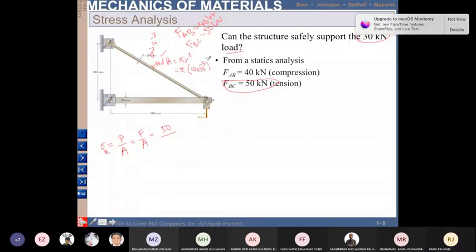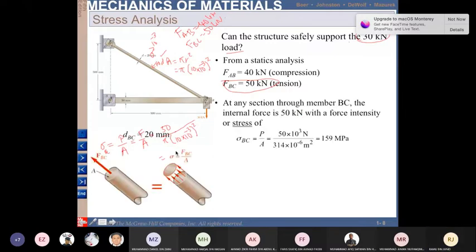So pi times 10 times 10 to the power of minus 3, squared. This is A. When you use the calculator, you will get this as the area. Then if you divide 50 by this value, you will get this value.